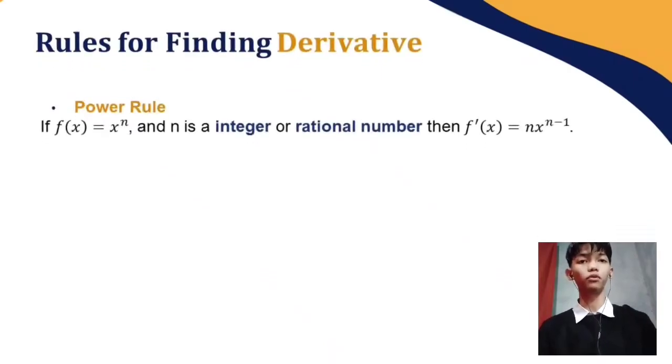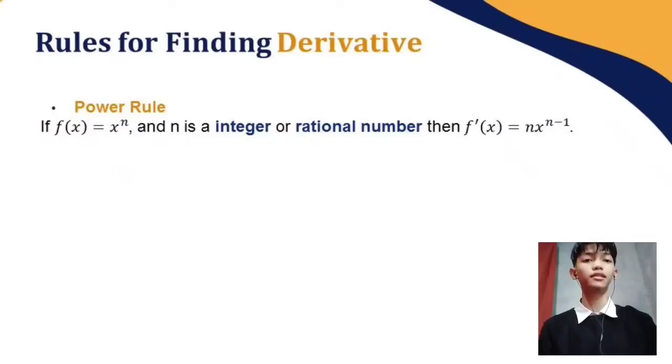Next is power rule. If f(x) equals x to the power of n, and n is an integer or rational number, then f prime of x is equal to n times x to the power of n minus 1.